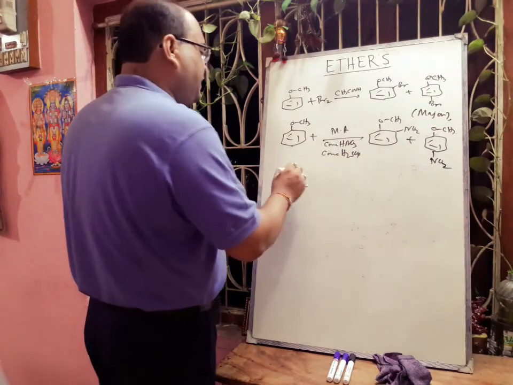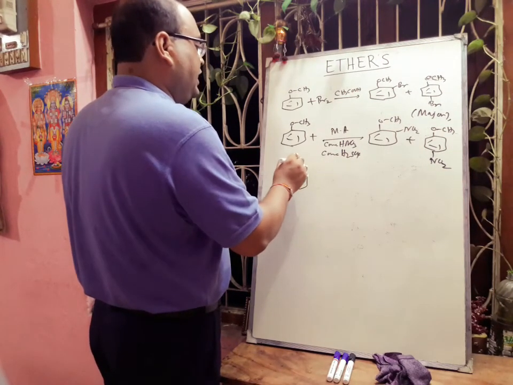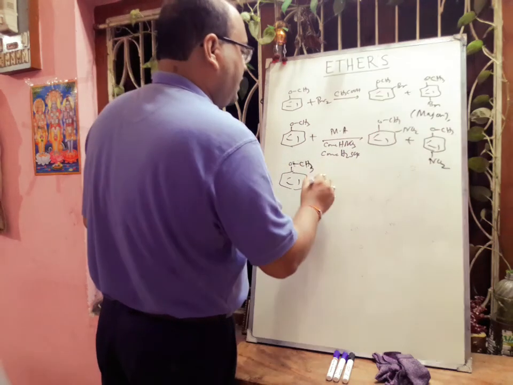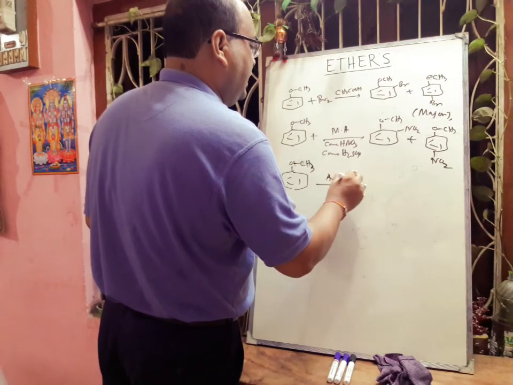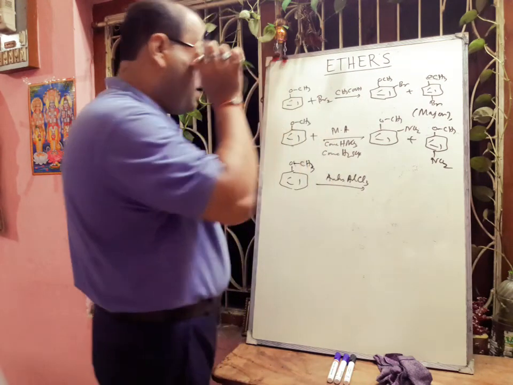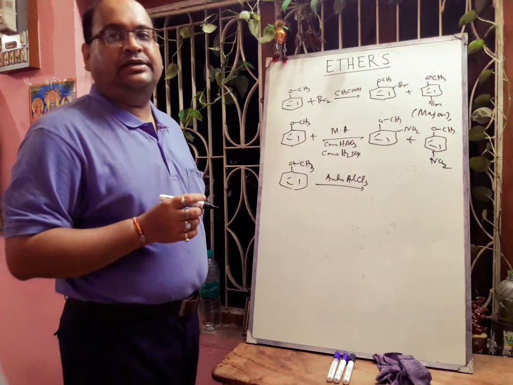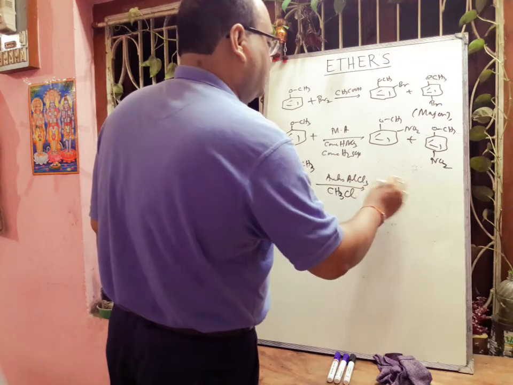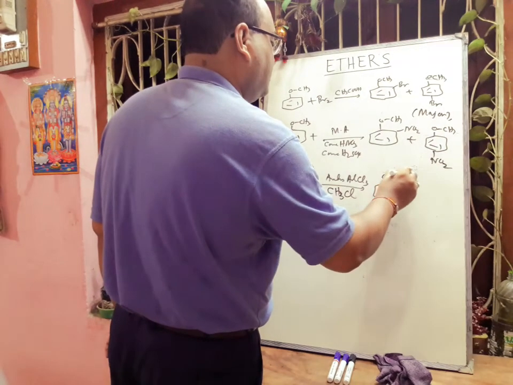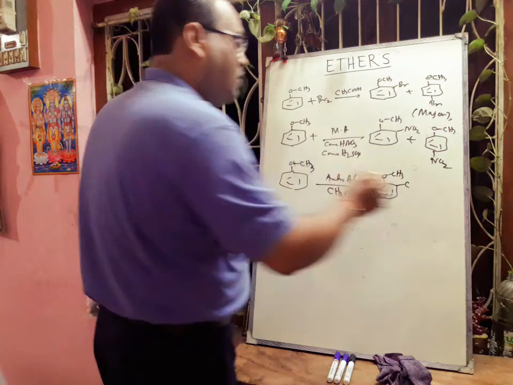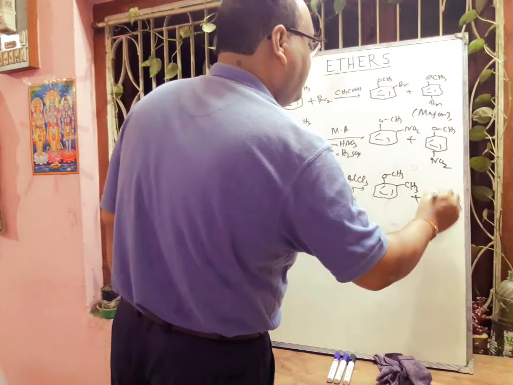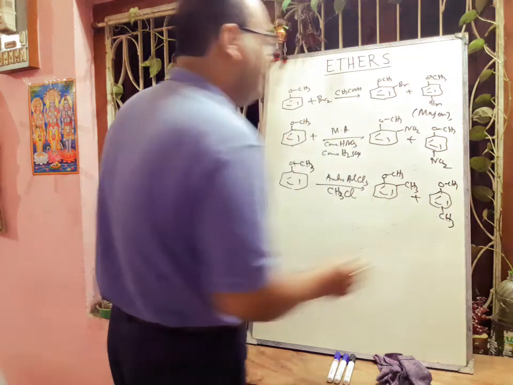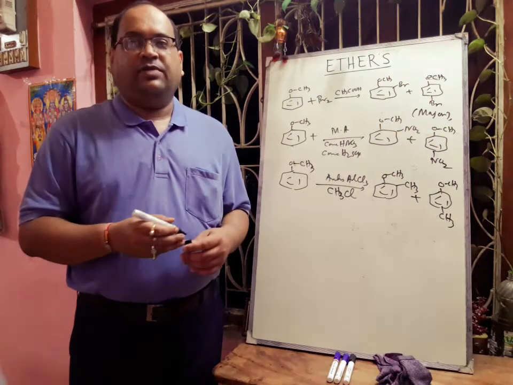We can do Friedel-Crafts reaction also. If we take OCH3 and give anhydrous AlCl3, and if we take methyl iodide or methyl chloride, then there will be formation of ortho methyl anisole plus para methyl anisole, and definitely the para will be the major product.